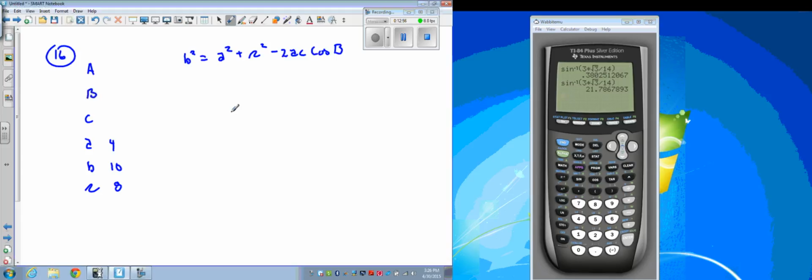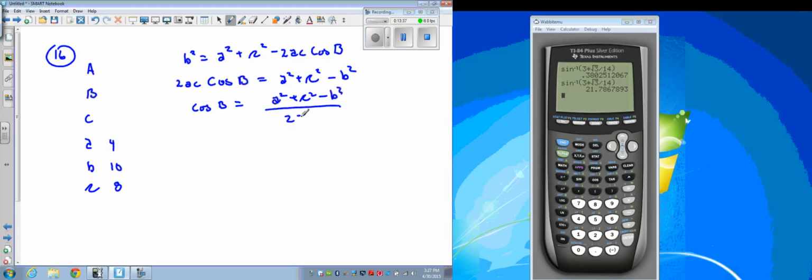So technically, if we do this without putting numbers in, I move the 2AC over here, and the A squared and C squared over there, and then I have to move that B squared over. So cosine B equals A squared plus C squared minus B squared all over 2AC.